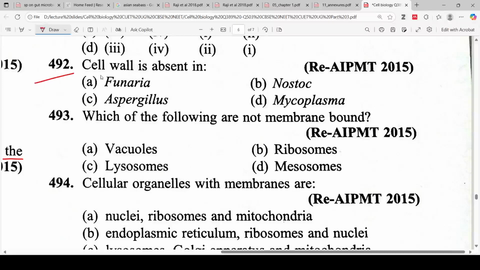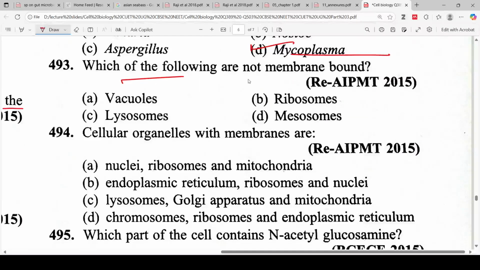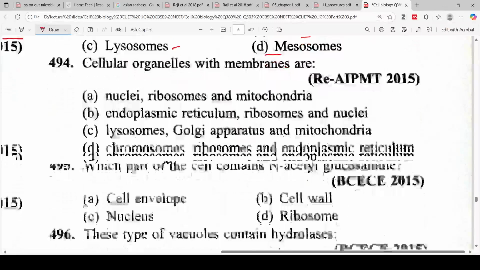Next question, the cell wall is absent in mycoplasma. Next question, which one of the following is not membrane bound? Vacuoles, lysosome, ribosome, mesosome. The correct answer is option B, ribosomes.